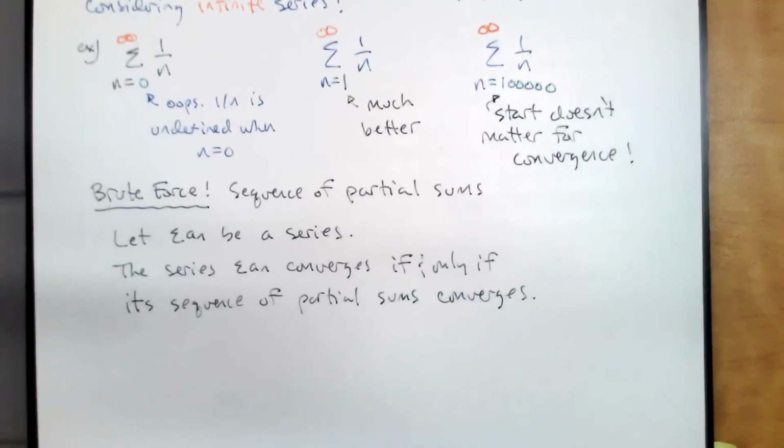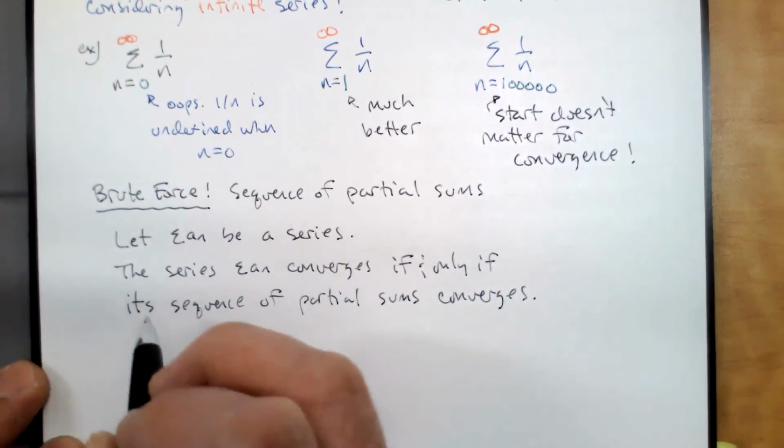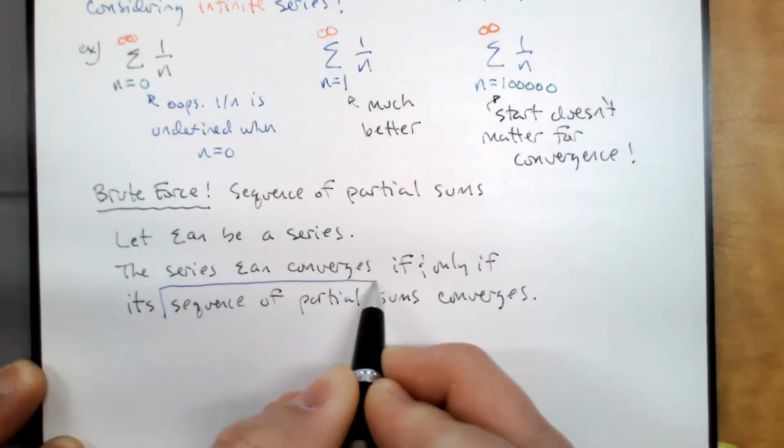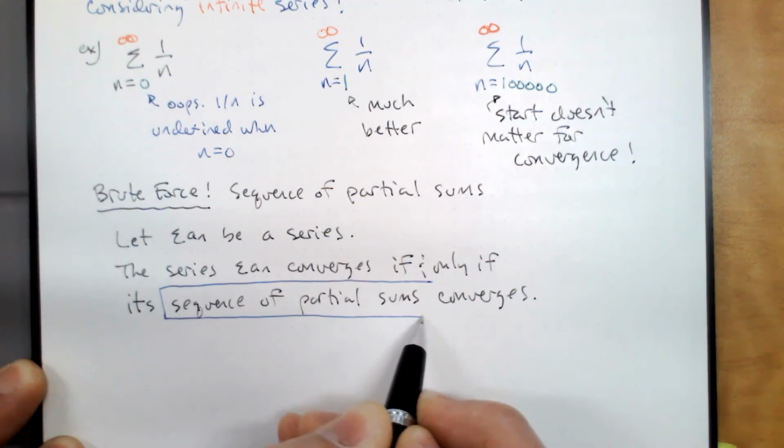A series converges if its sequence of partial sums converges. At this point, you might be thinking, you have not even talked about sequences.